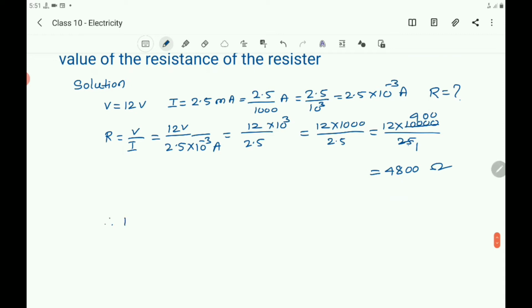Therefore, resistance of the resistor is 4800 ohm. That is the answer for the question here.